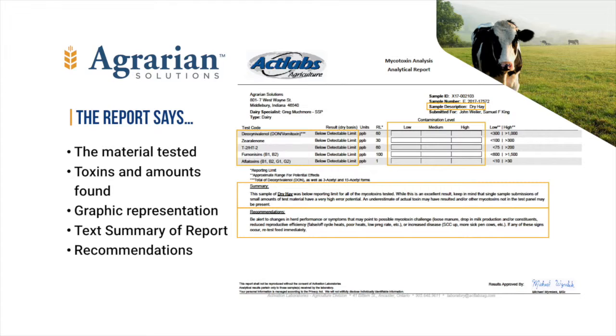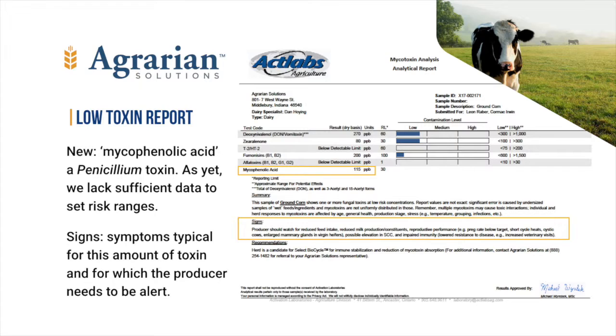And now it gives both a text summary of the report and a set of recommendations you can share with your customer. In this report, there are low levels of DON, zearalenone, and fumonisin. Also, there is an additional line showing a positive result for mycophenolic acid.